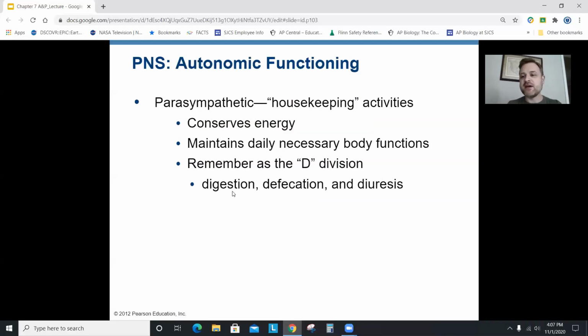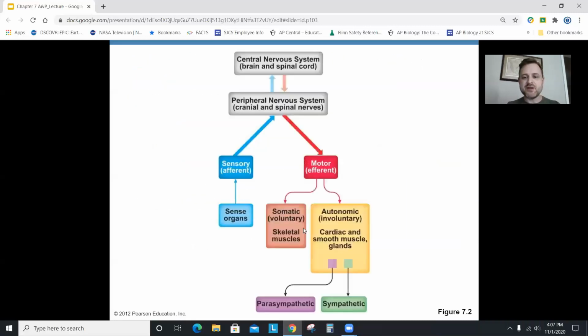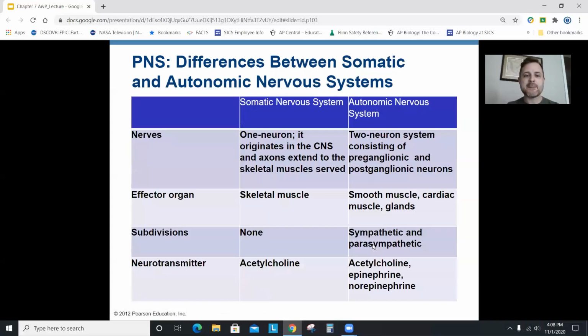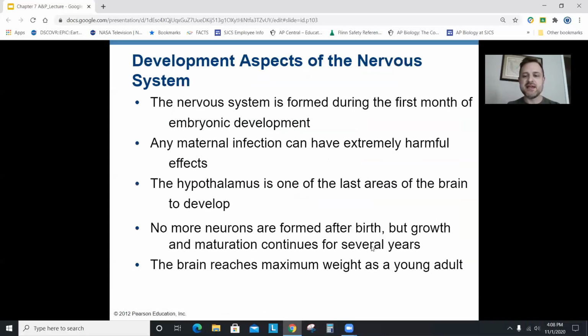Parasympathetic turns systems like that on because they're just daily housekeeping activities, right? So going back to this diagram, you have the motor system, the autonomic system. Parasympathetic dial things down, sympathetic dial things up. Parasympathetic is housekeeping, sympathetic is the fight or flight. Okay, all right. So let's end with this slide.